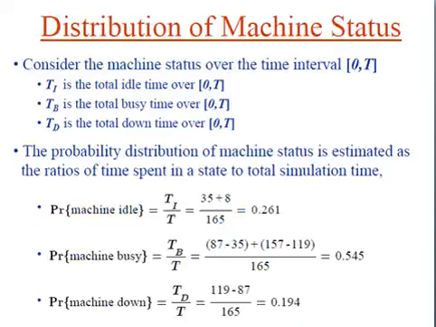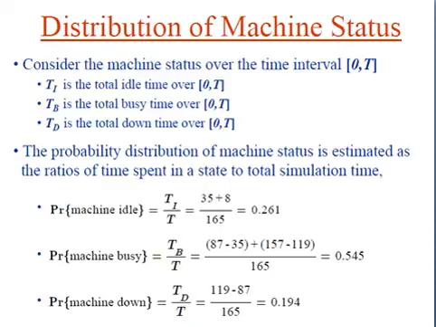Next step would be to determine the probability distribution of machine status. So consider the machine status over the time interval 0 to capital T, right? And capital T here is 165.